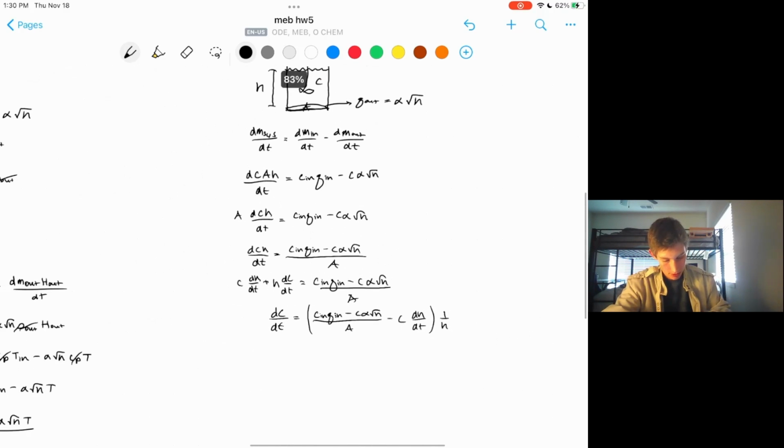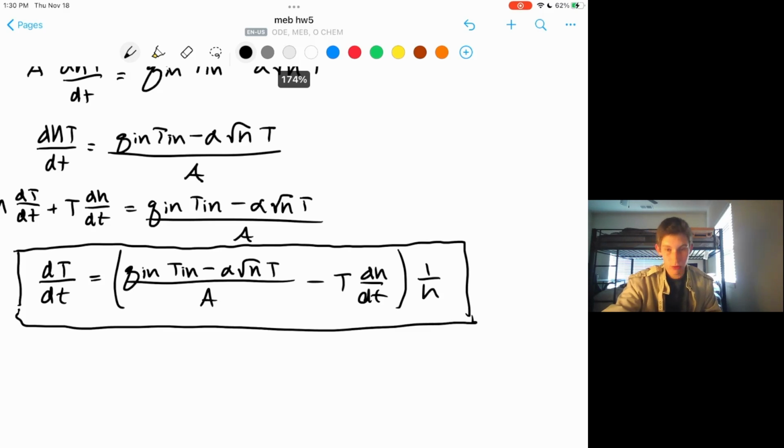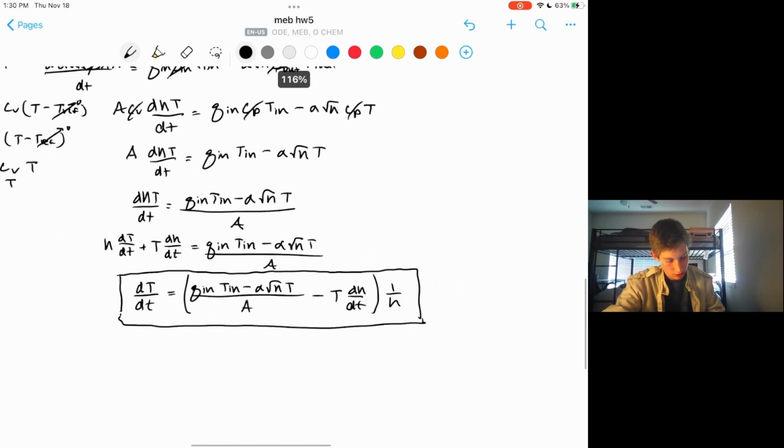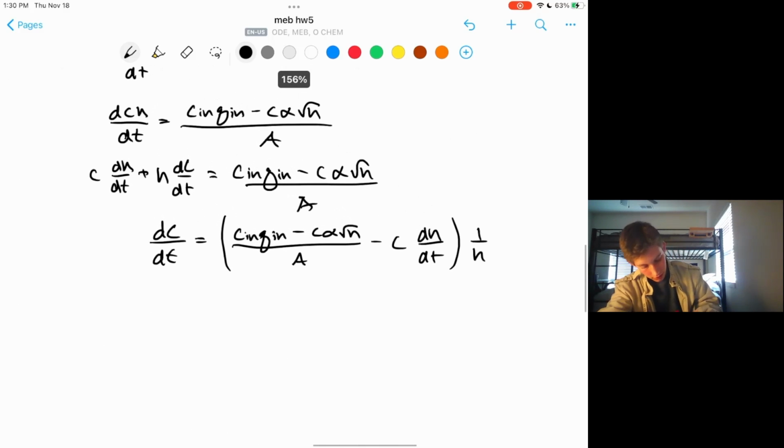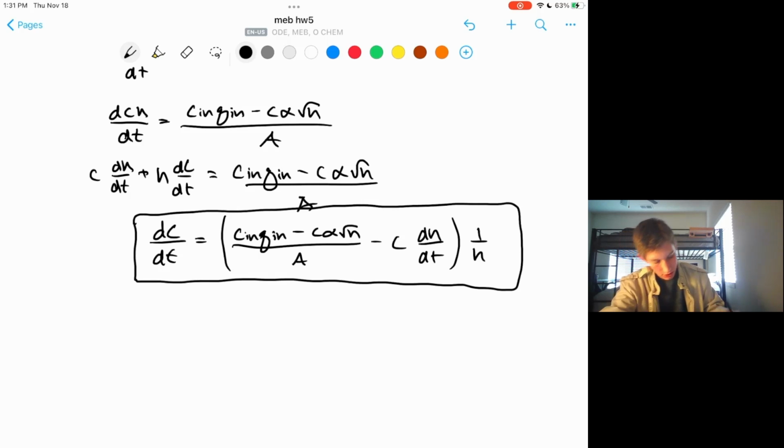So if we look over here, this is essentially the same equation except for wherever there is the temperature, it's just concentration. So looking at that, we can alter the variables within the code that we already have and plot this in Python.